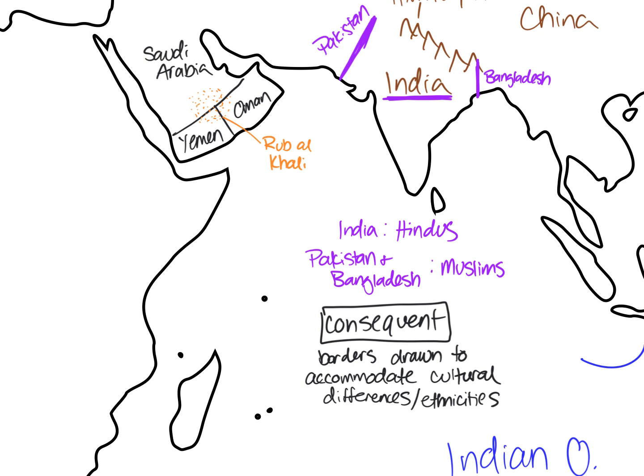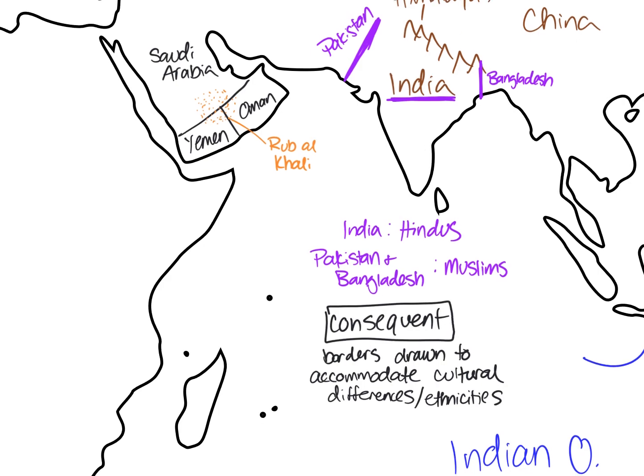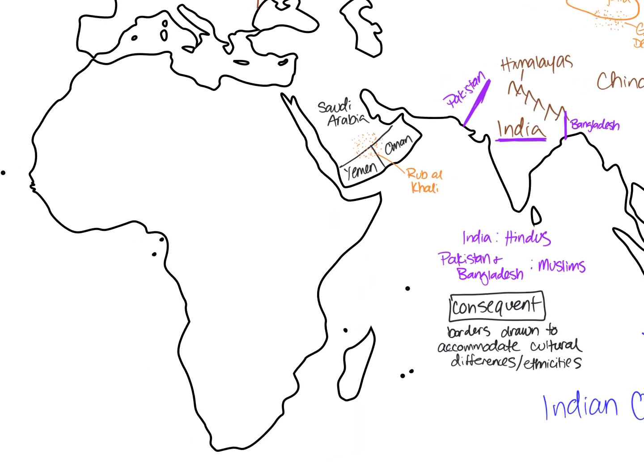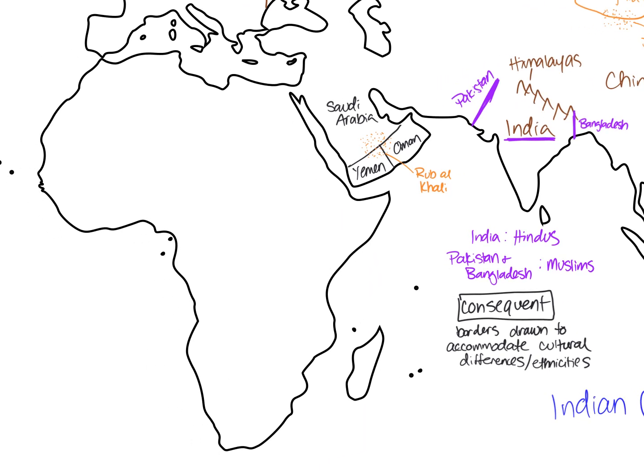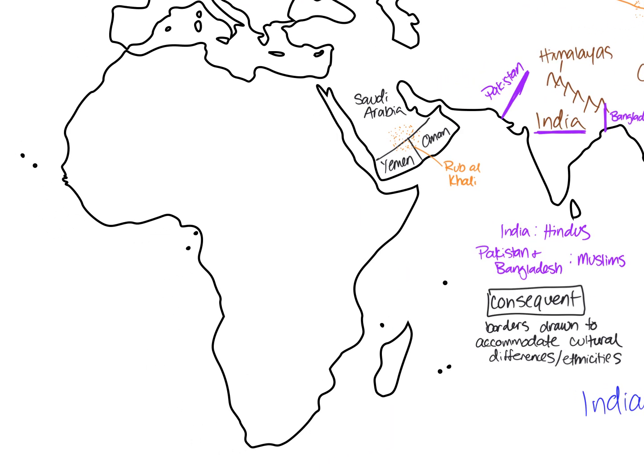All right, now let's go to Africa. Got a lot to talk about in Africa. That's why we've left it blank this whole time. So still thinking cultural differences here. I'm going to draw a ton of circles in my color to represent the different tribal groups.